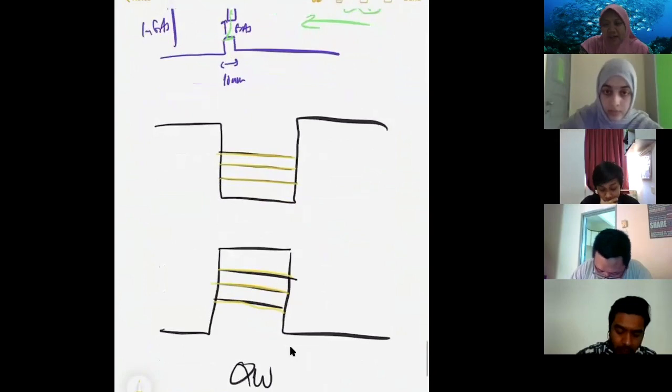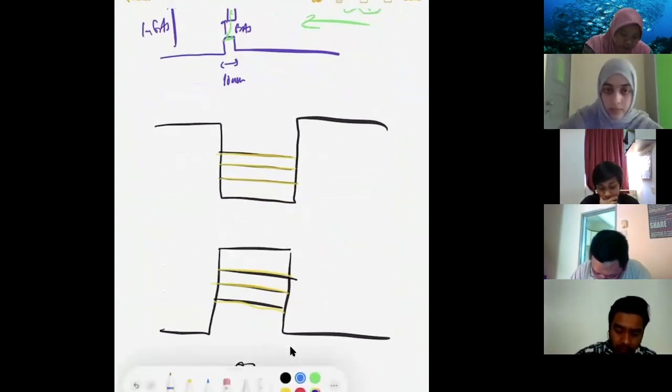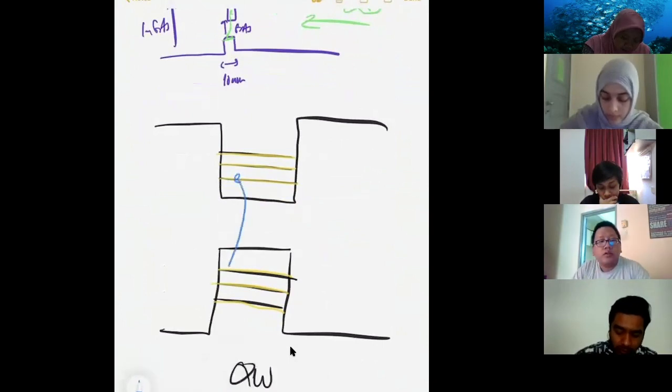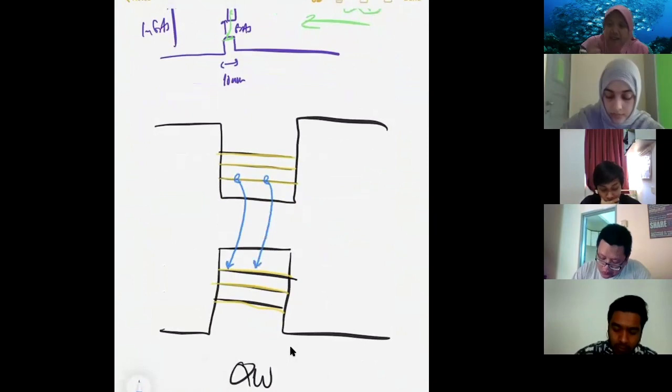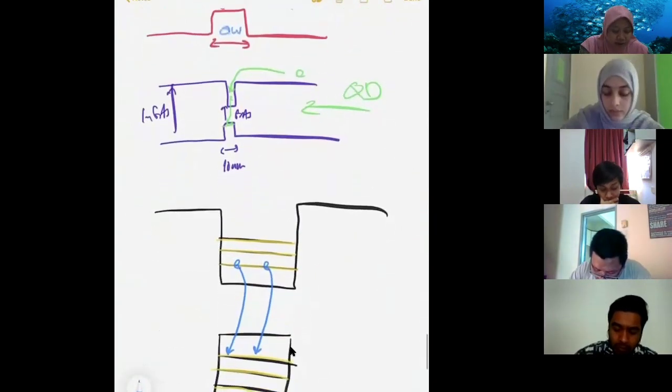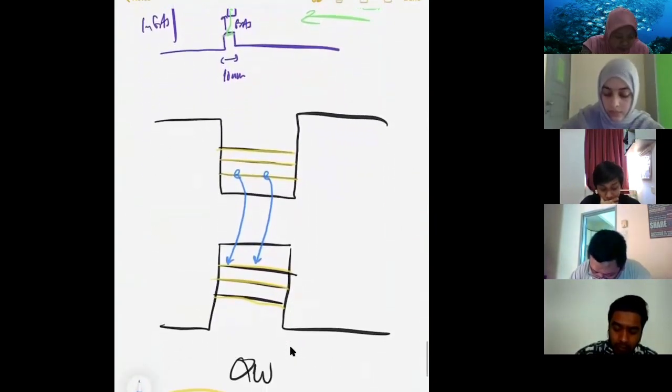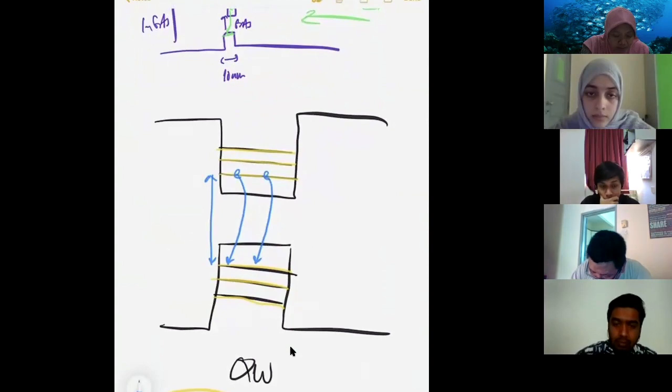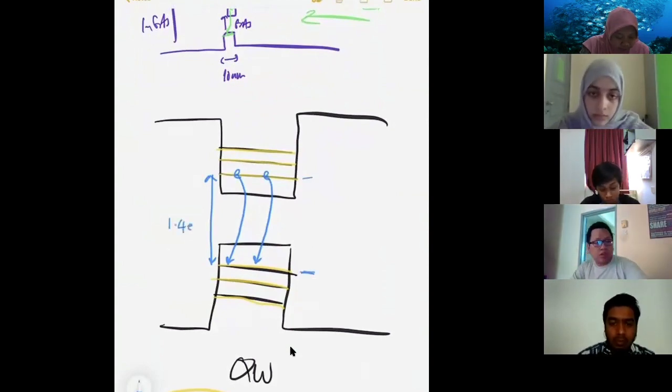So what is the advantage of this? The advantage is that when you have recombination, you can have a clear, nice wavelength. For example, if the energy between the conduction band of this level to this level is, say, 1.4 eV, you will get a sharp 1.4 eV. Very nice.